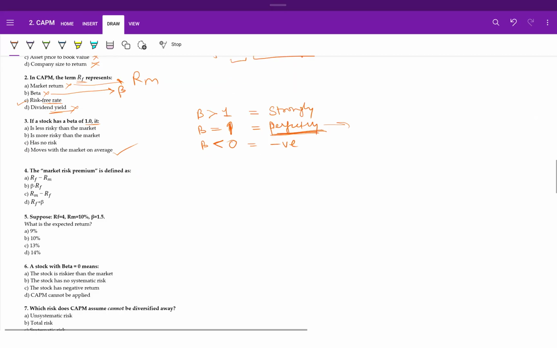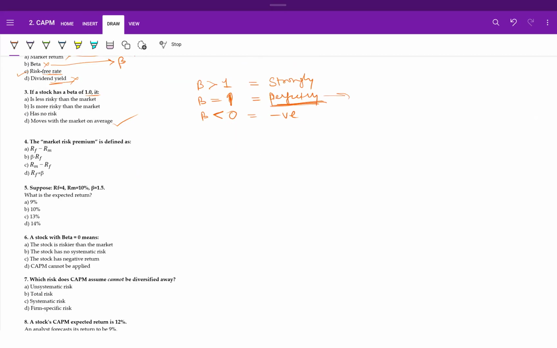Question number four is about the market risk premium and what it is defined as. The market risk premium is the extra return the market offers above the risk-free rate. Expected return equals risk-free rate plus beta times (RM minus RF).